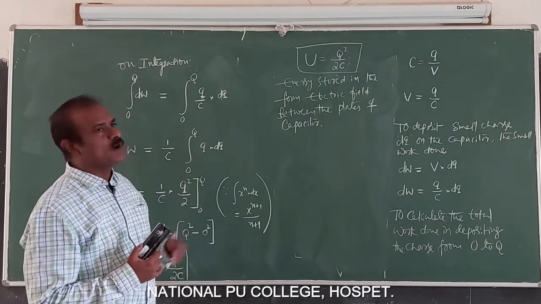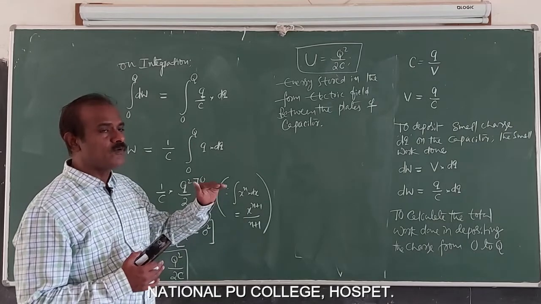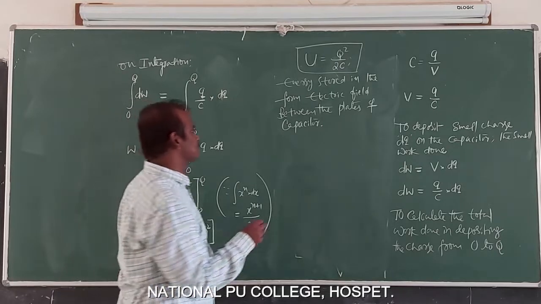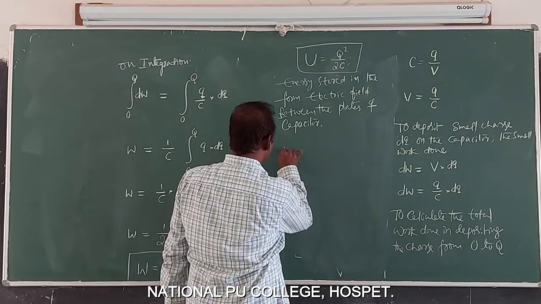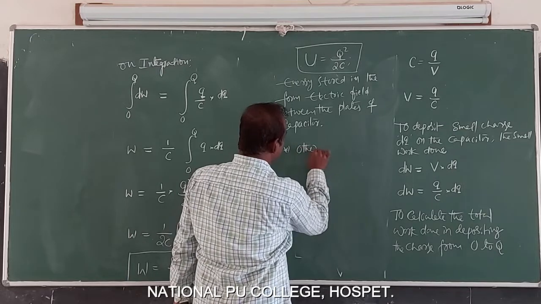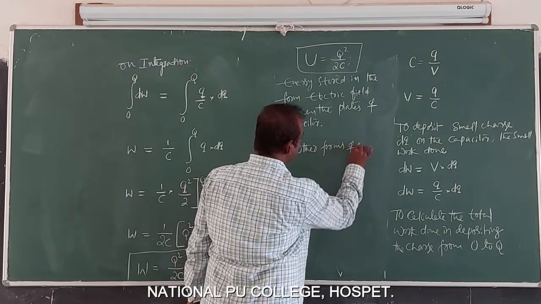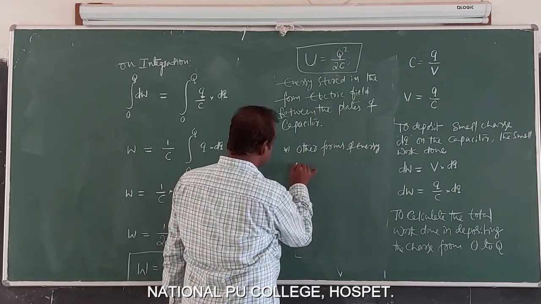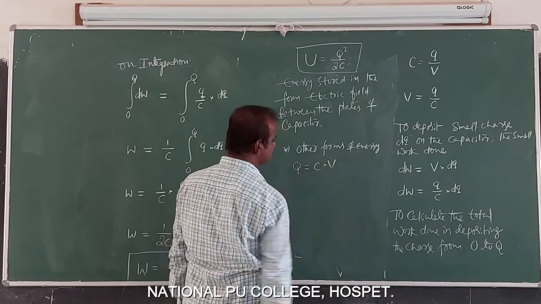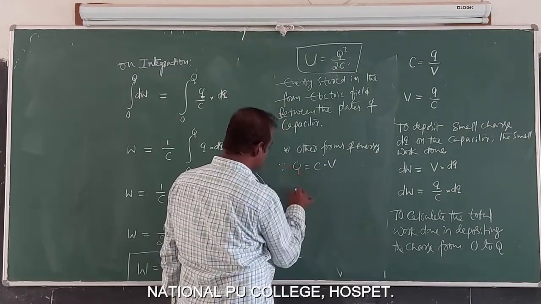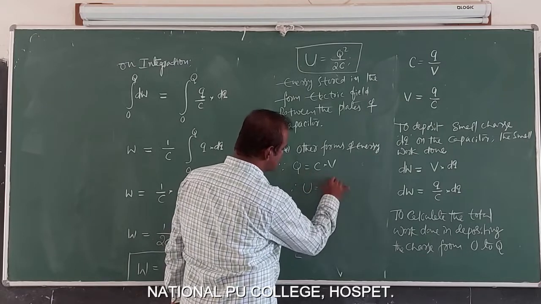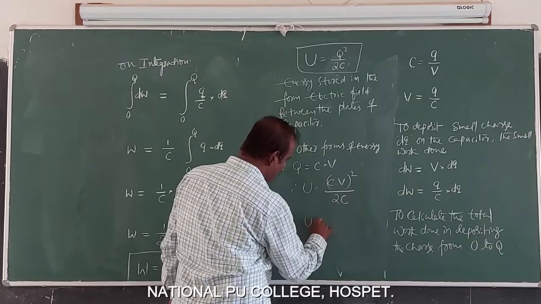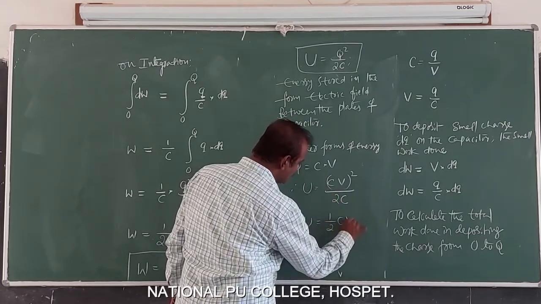And you can also write the formula in terms of Q and V, and also in the form of C and V, replacing Q with C into V. Other forms of energy: Q is equal to C into V. Since Q is equal to C into V, therefore U is equal to C into V whole square divided by 2C, which is equal to half into C V square.